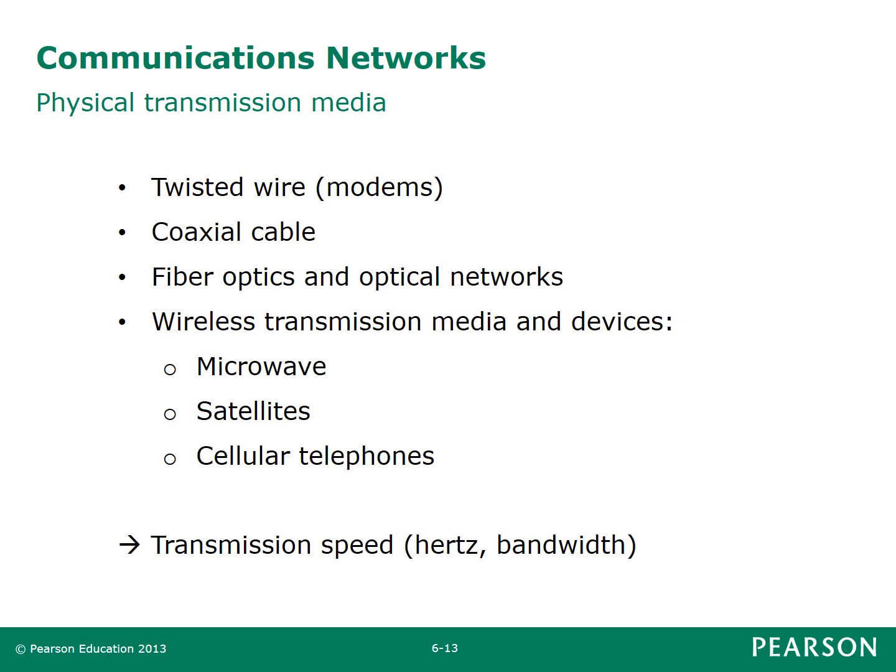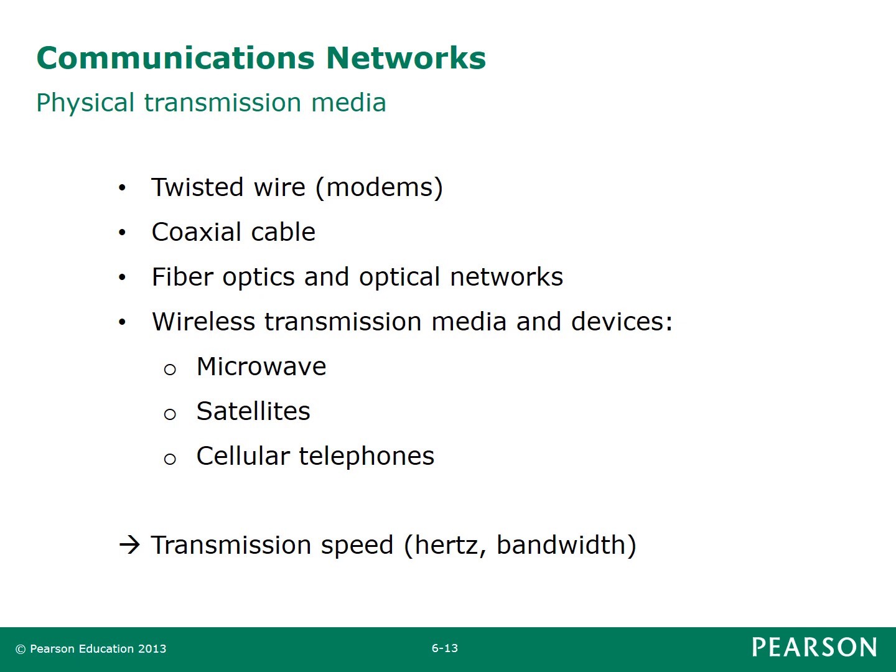Cellular radio is a form of broadcast radio that's used widely for mobile communications, especially wireless modems and cell phones. Microwaves are radio waves that provide high-speed signal transmission.